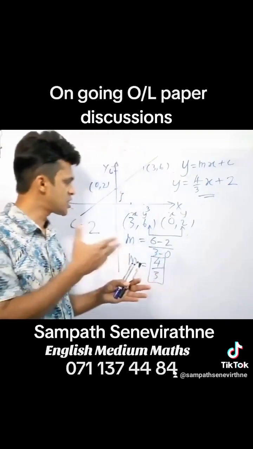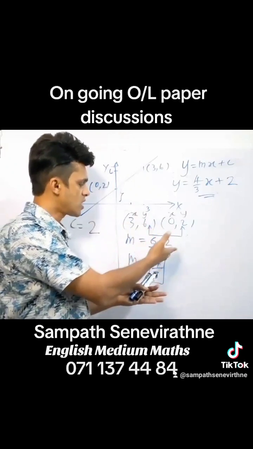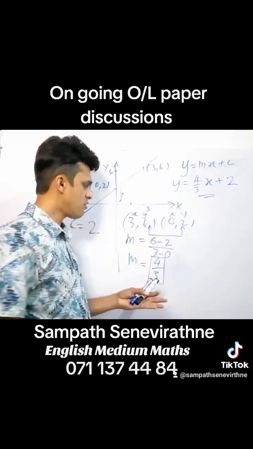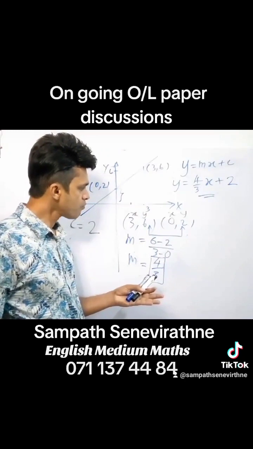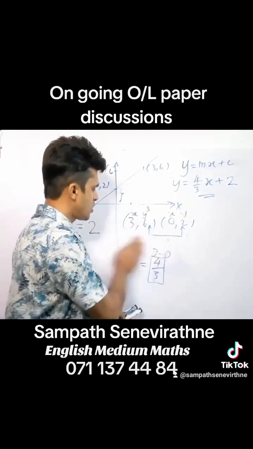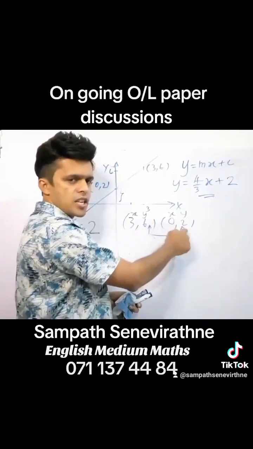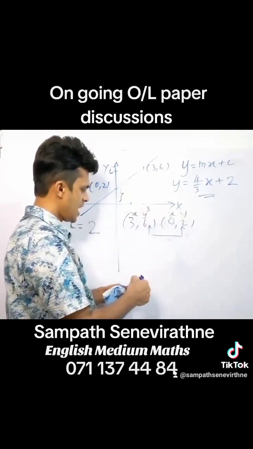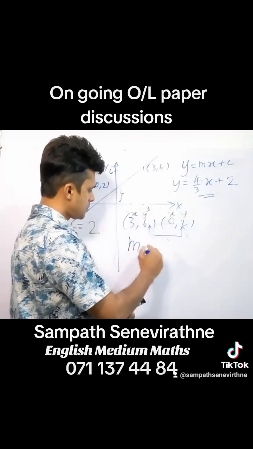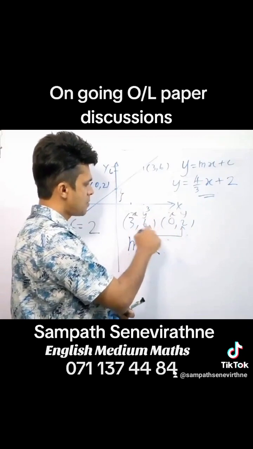First you could get the value of m by obtaining the difference of y coordinates over the difference of x coordinates. I will teach you this way as well. Here I took 6 minus 2, the difference of y coordinates, over 3 minus 0.